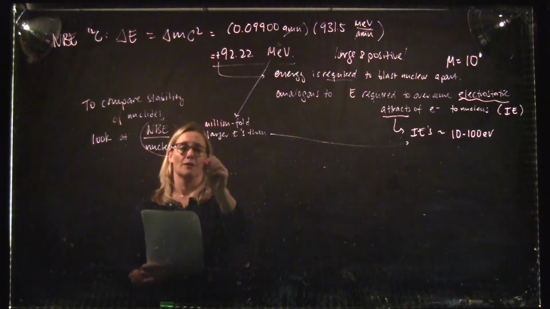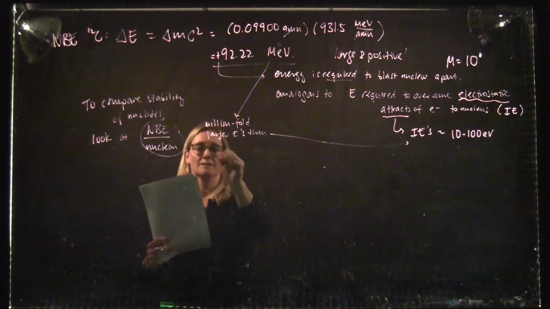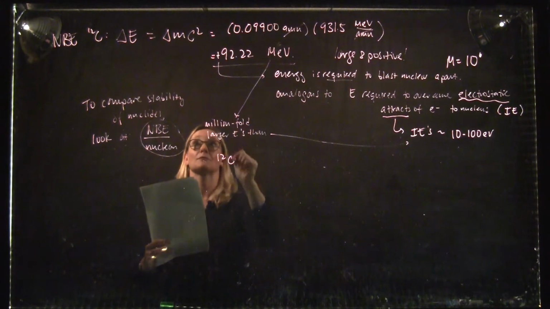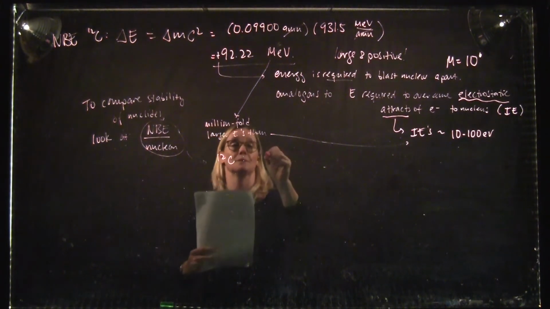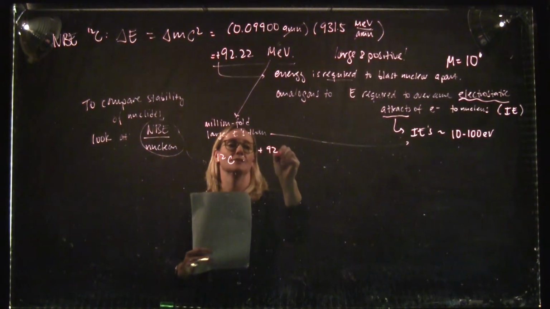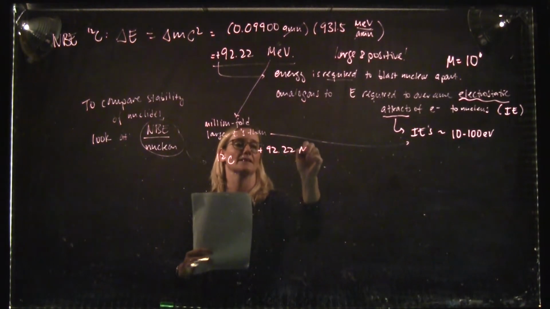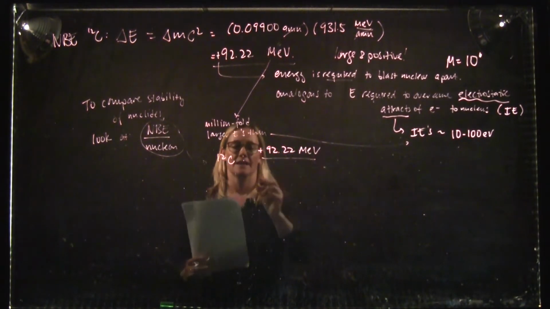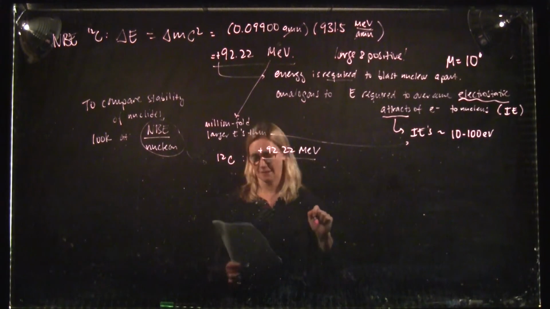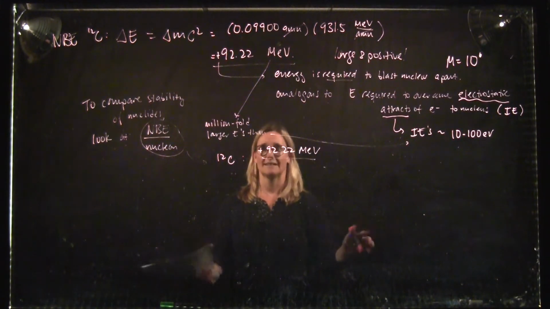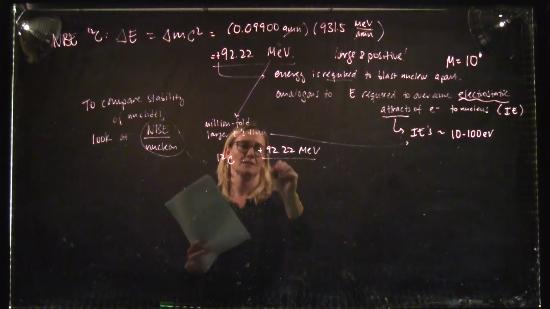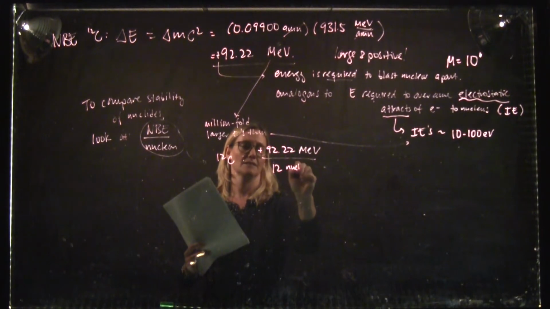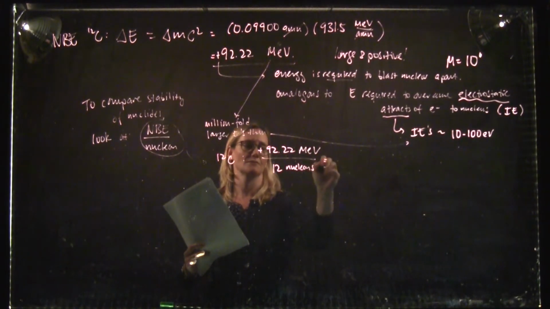And so for our carbon-12 example, this would be plus 92.22 mega electron volts. And how many nucleons are in the carbon-12 nucleus? That's easy. That's always going to be the superscript. So there are 12 nucleons. Remember, that's just protons plus neutrons.